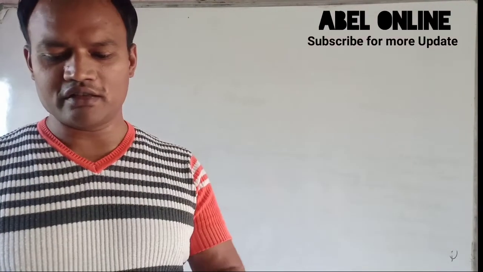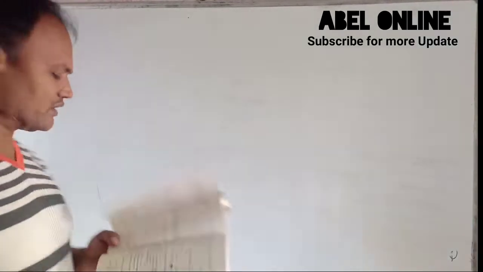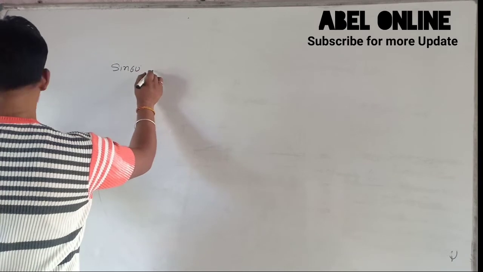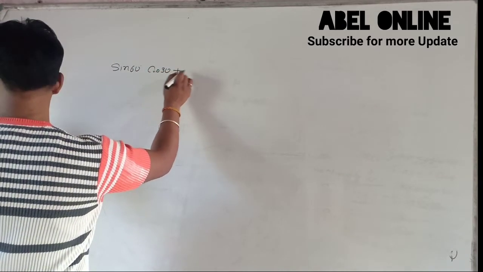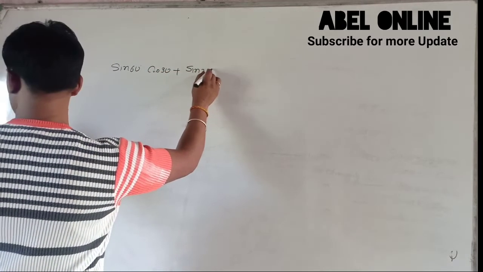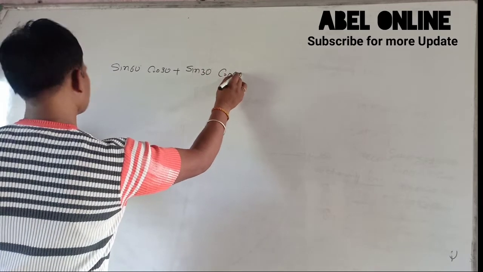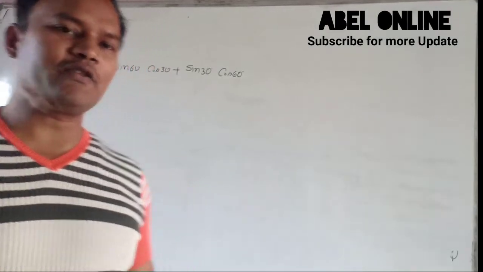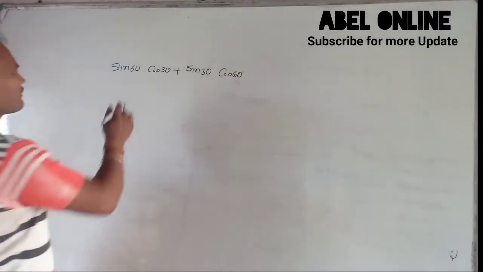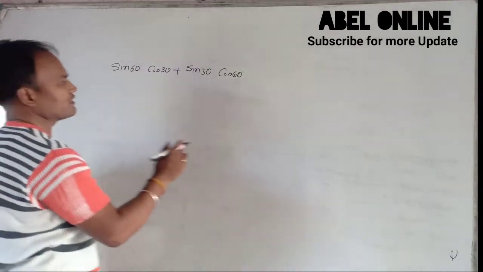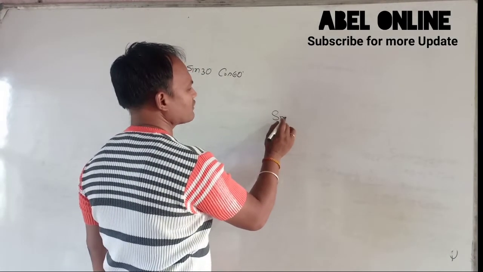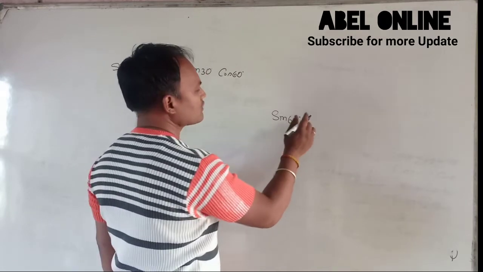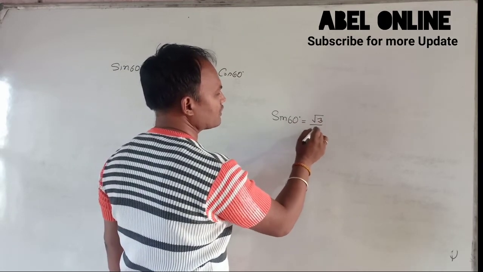Suppose the question is sine 60 cos 30 plus sine 30 cos 60. The value of sine 60 is root 3 by 2.